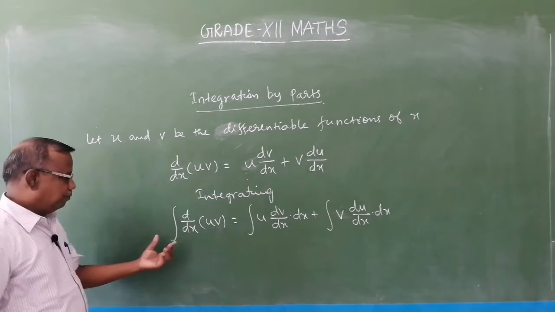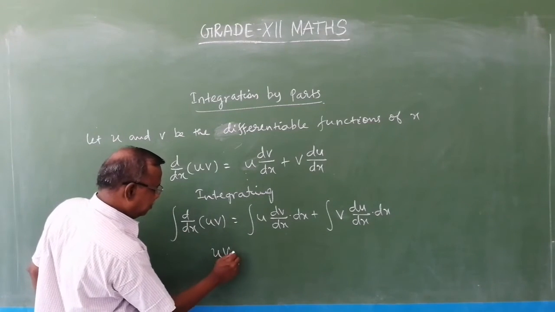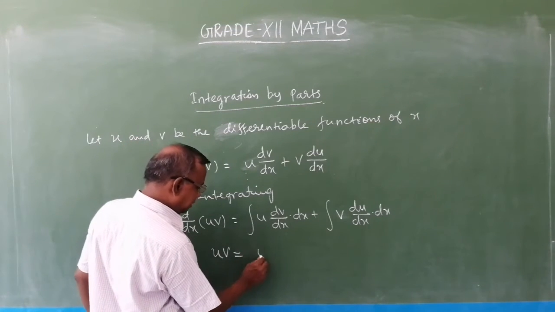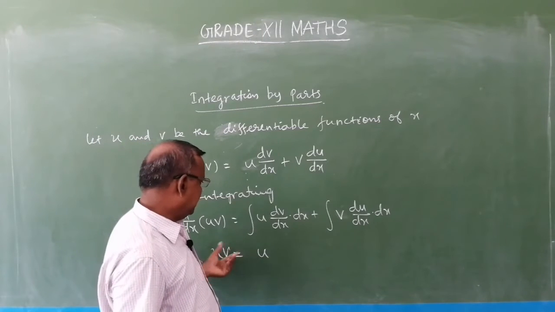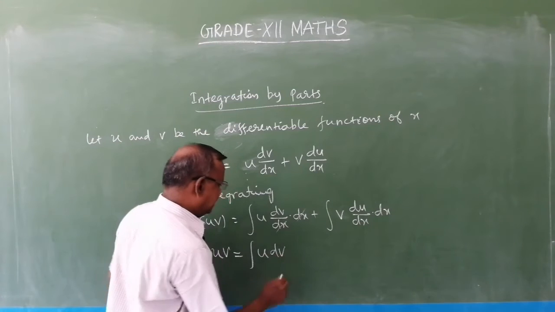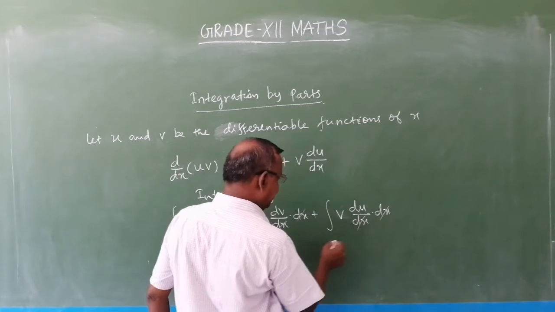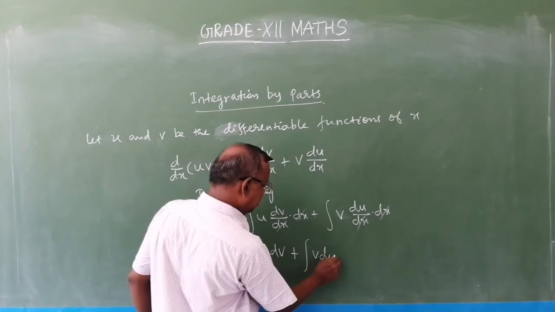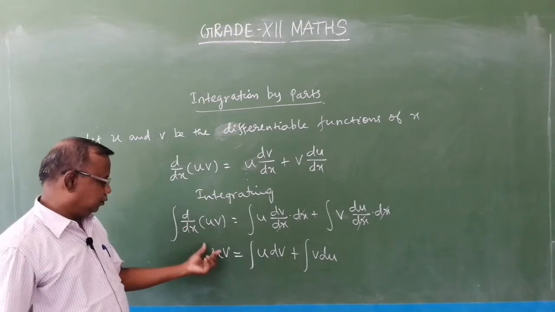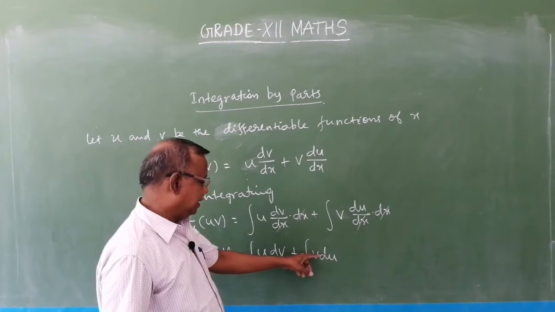Now, by property, the integral and differential neutralize, so uv equals integral u dv plus integral v du.